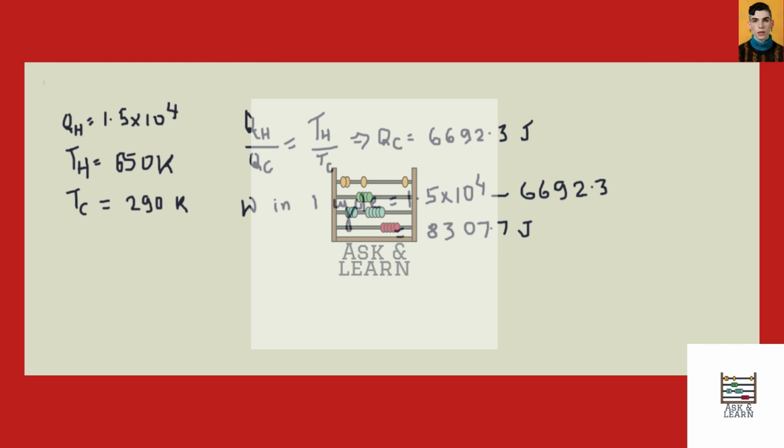So how much work in 1 minute? 8307.7 joules of work was completed in one cycle, so this into 240 is the work completed in 1 minute, because 1 minute has 240 cycles. Sorry, I said 260 earlier, it's 240. I'm sorry about this.